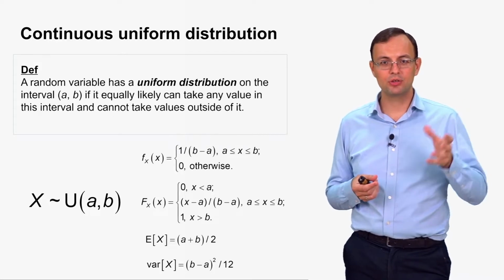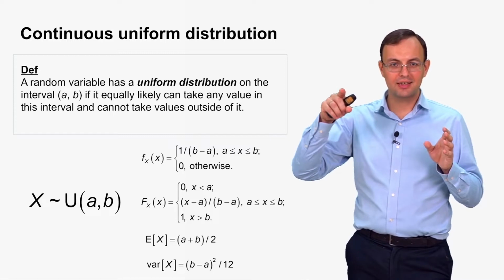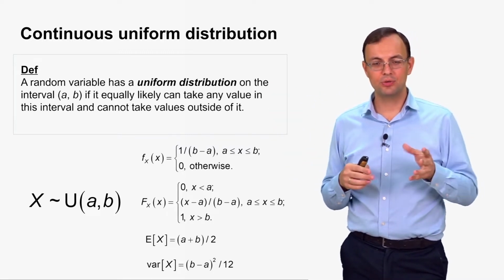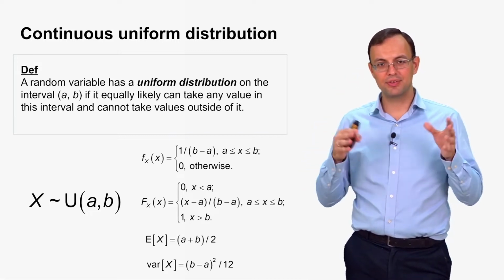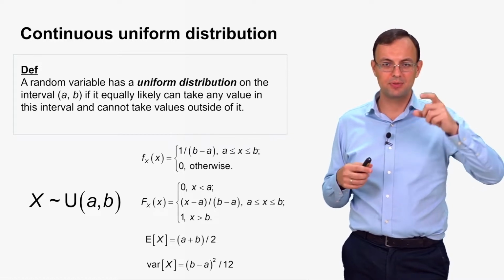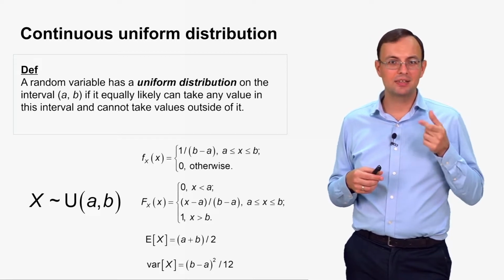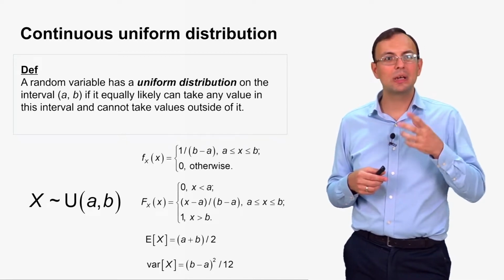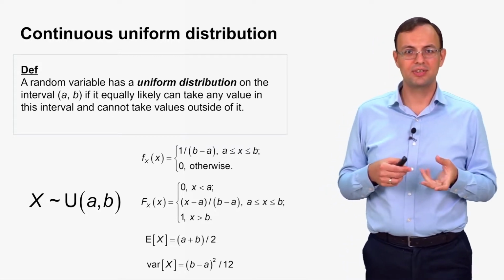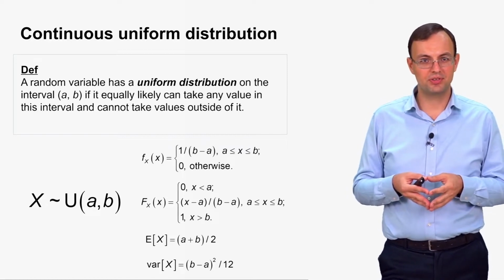If you got, let's say, 1.49999999, you round this to 1, and if you got 1.5, you round this to 2. So this rounding error is between -0.5 and +0.5, and it can equally likely take any value from this range. That is why it can also be described with the uniform distribution.